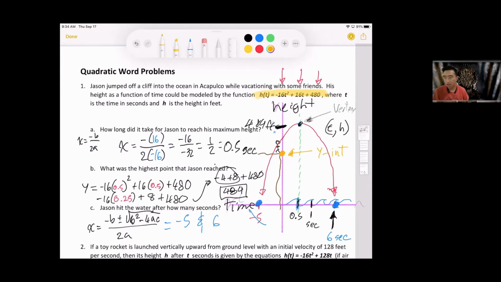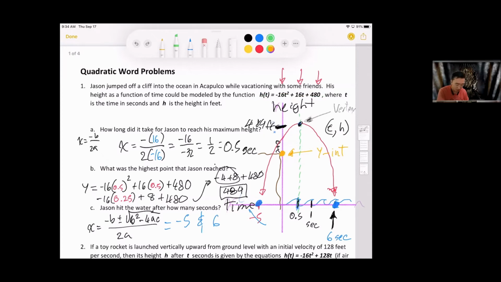Excellent. So again, it's the same thing that you've known. It's just that now we're putting it into a form of real life. So y-intercept. Does anybody know how to find the y-intercept in here? Super easy to find the y-intercept on that standard form, not vertex form. 480.